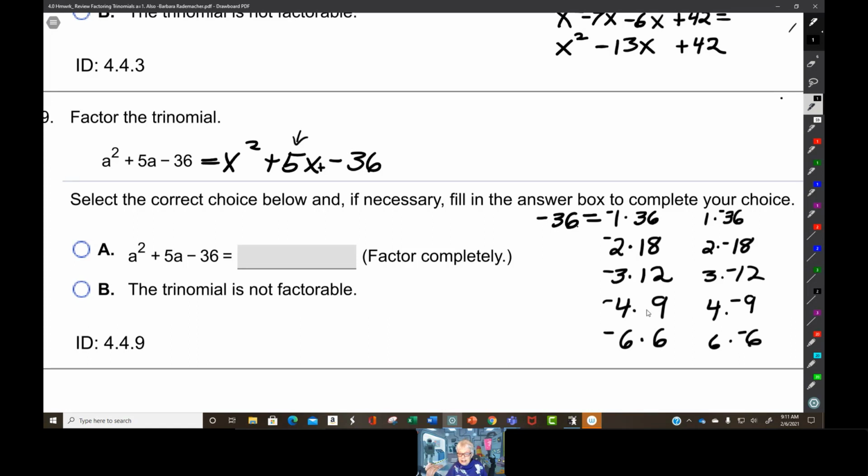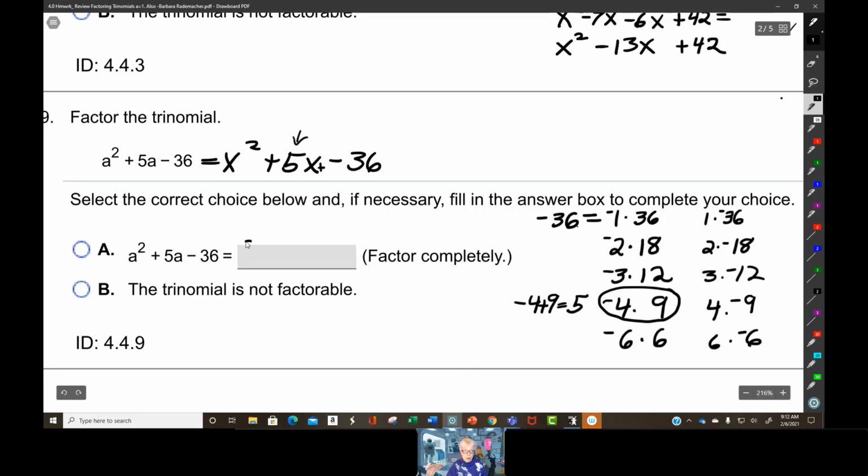And that's going to be negative 4 plus 9, because negative 4 plus 9 is positive 5. Over here, 4 plus negative 9 would be negative 5. So I'm going to go with these numbers right here and put a little negative 4 plus 9 equals 5, the B number.